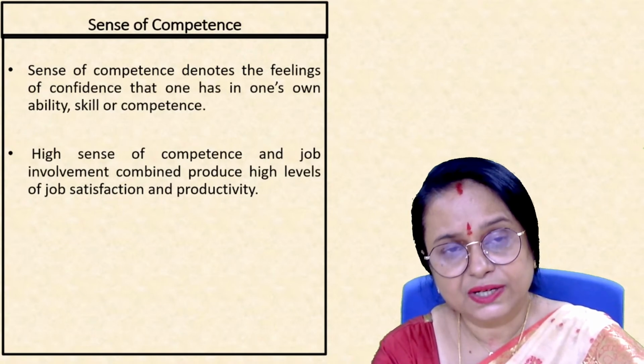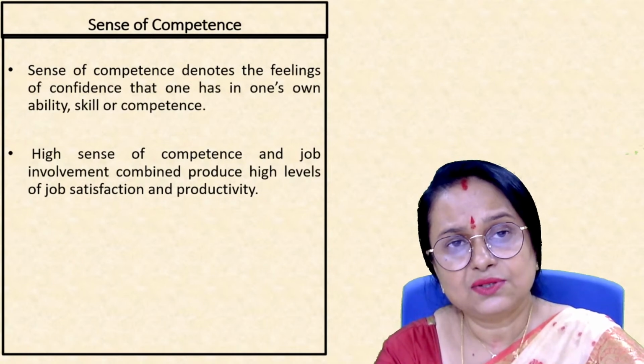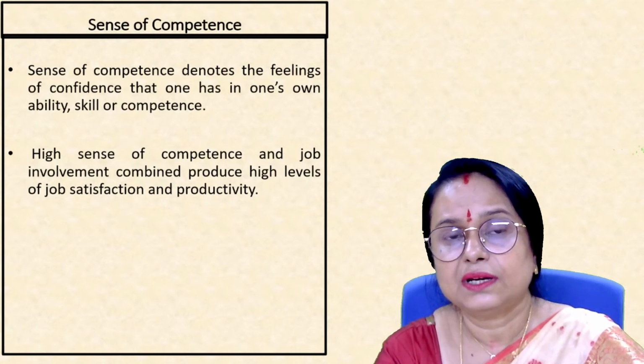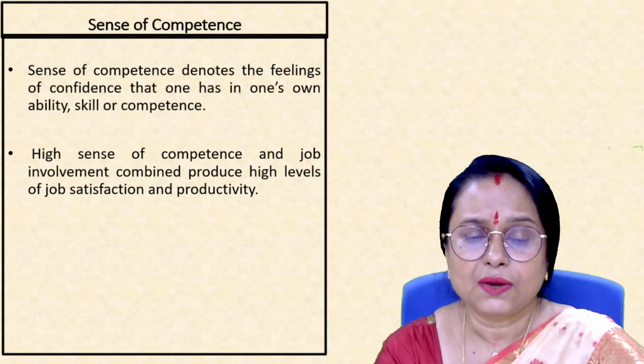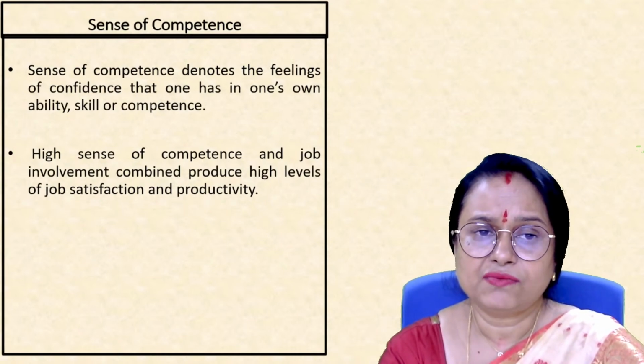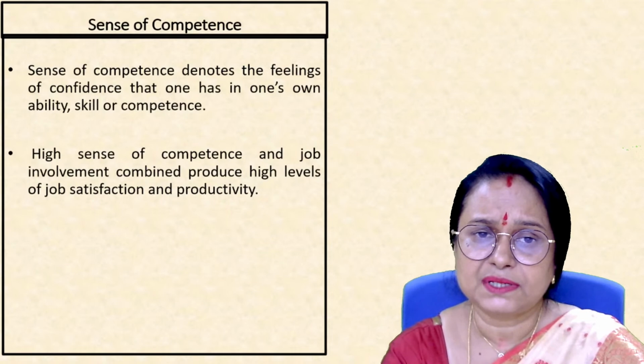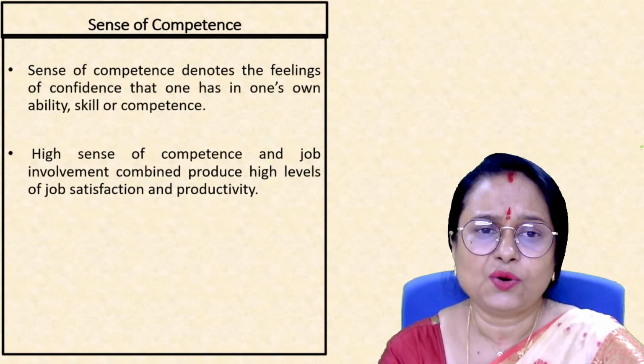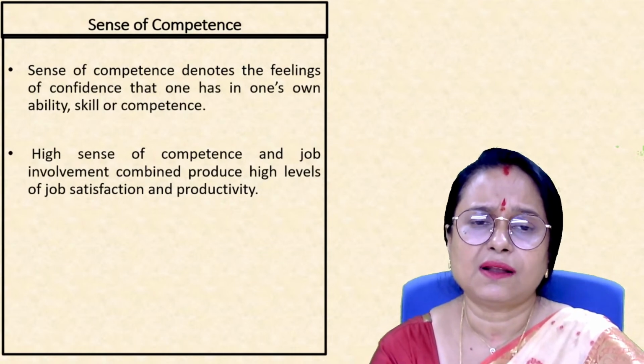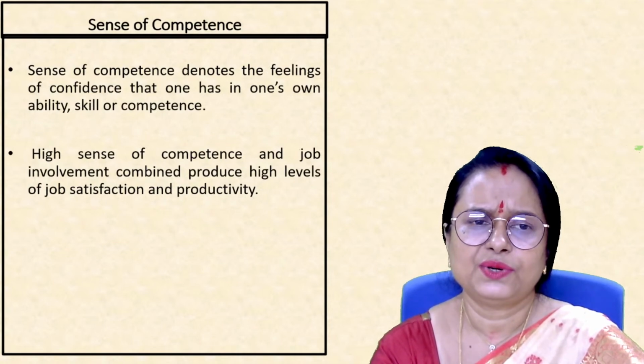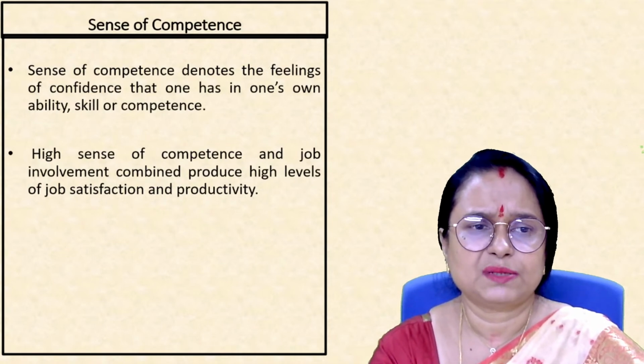If quality of work life is good, then the sense of competence comes within the employees. That means whatever assignment the person is given, he is very confident that he can perform very well for the given responsibility.